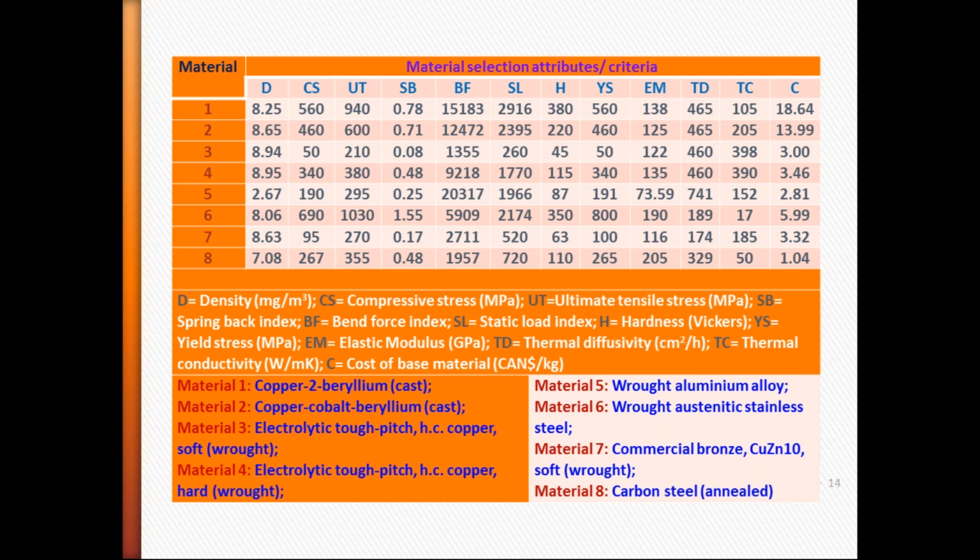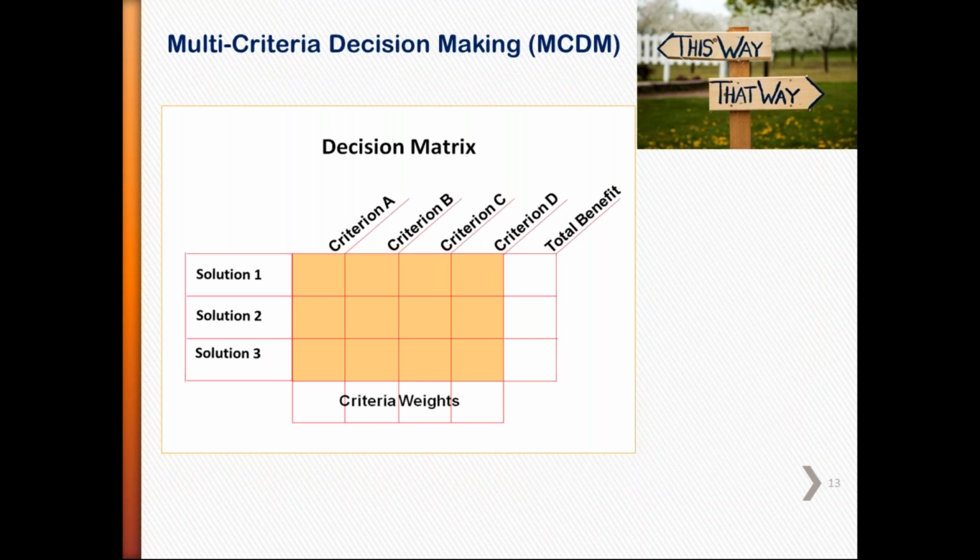In the previous slide, it was called the total benefit, which is the aggregated value of multi-criteria.